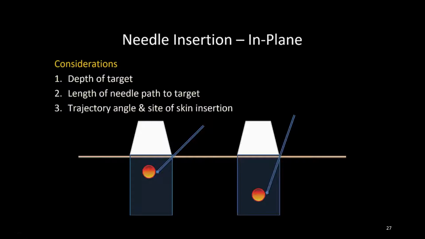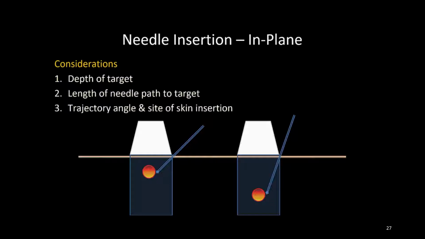When we go for a shallow angle, we have to consider the length of the needle pathway to the target. With a steeper angle, the length of the needle path to the target decreases. But whenever we take a shallow angle, the length increases. So this can cause a little bit of pain, or we will need a longer needle.